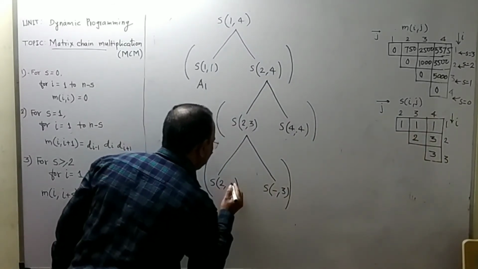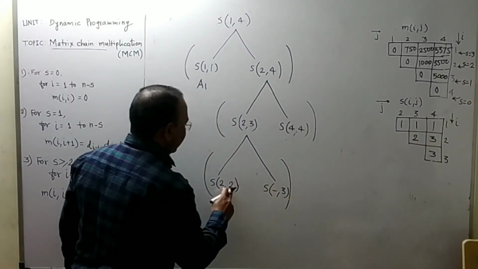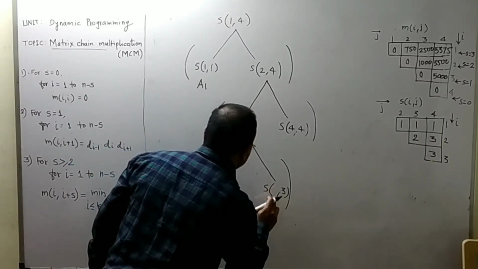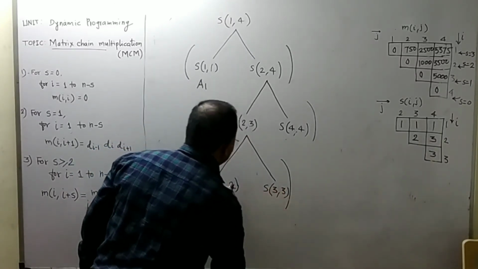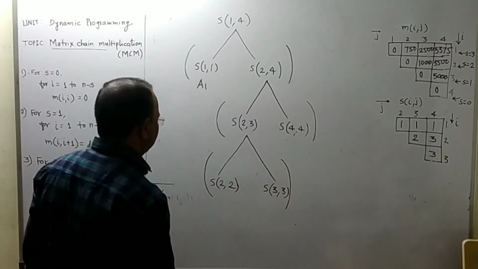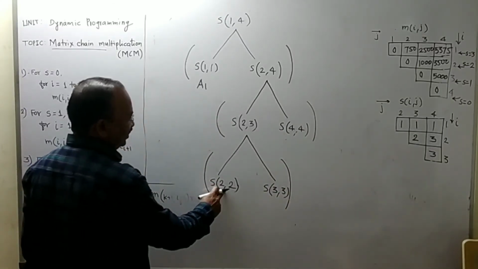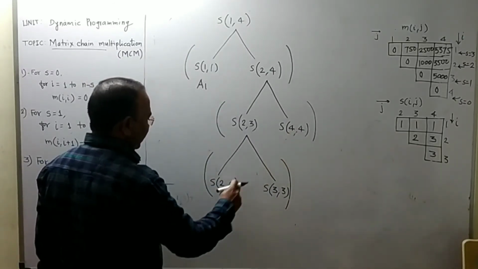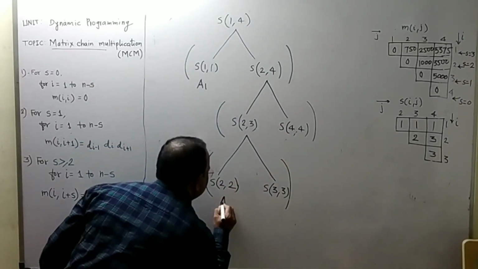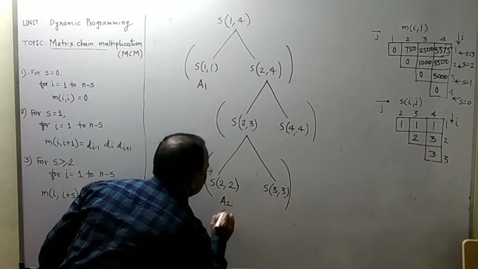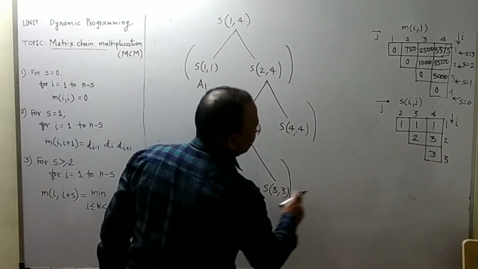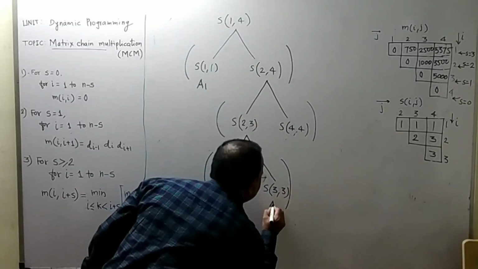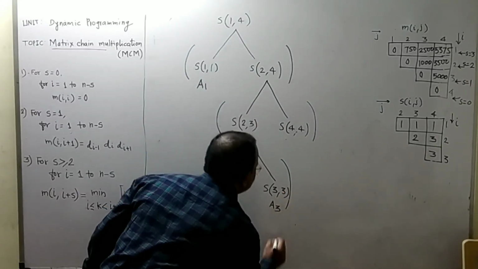So write here 2. Then add 1 to this 2 to get the value at this position, 2 plus 1, that is 3. Now check whether this cell exists in S table or not. This cell does not exist in S table, that's why write here A j, j is 2. Here 3 3, again the 3 3 cell is not in S table, write A j, that is 3.